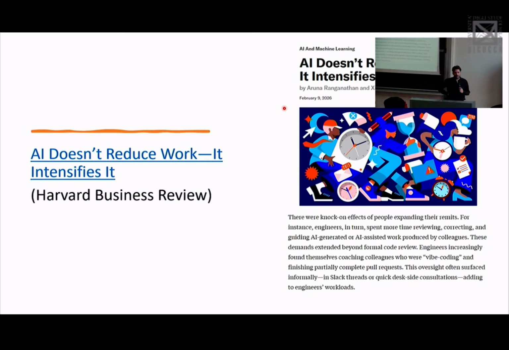It turns out that in most offices, the use of AI wasn't reducing workload, it was increasing it, but it was shifting it. And here is a very small extract, because many people who weren't coders started coding, and this generated a lot of so-called technical debt.